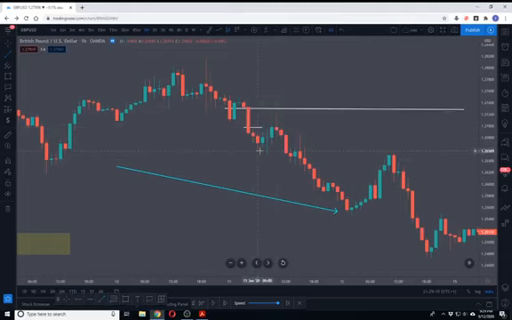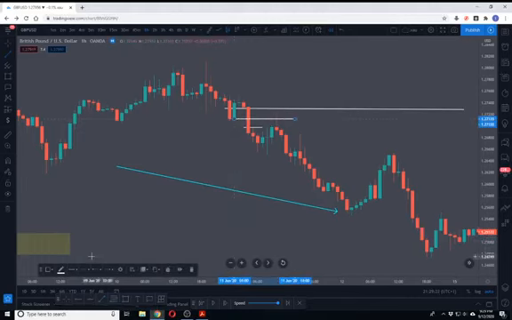When price is down here, you're waiting for price to come back, fill in some of that zone, and then you can start to take that trade. You'd normally be looking at this point over here for your trade entry. That would be where you buy, and you would normally put your stop loss just above that high there.